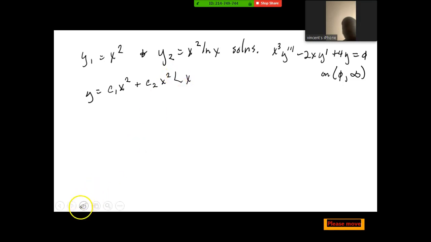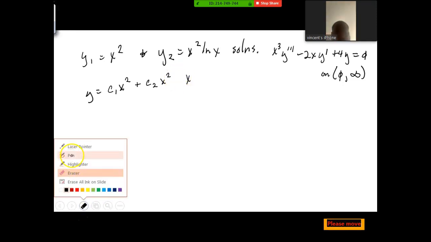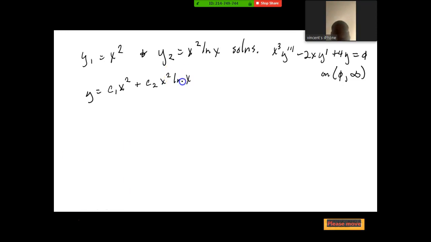That's also a solution. If these two are solutions, then any linear combination of them is a solution. What do I mean by that? Some arbitrary constant, any real number c you want to choose, times x squared plus any other c that you want to choose, or the same one, times x squared log x, also is guaranteed to be a solution.